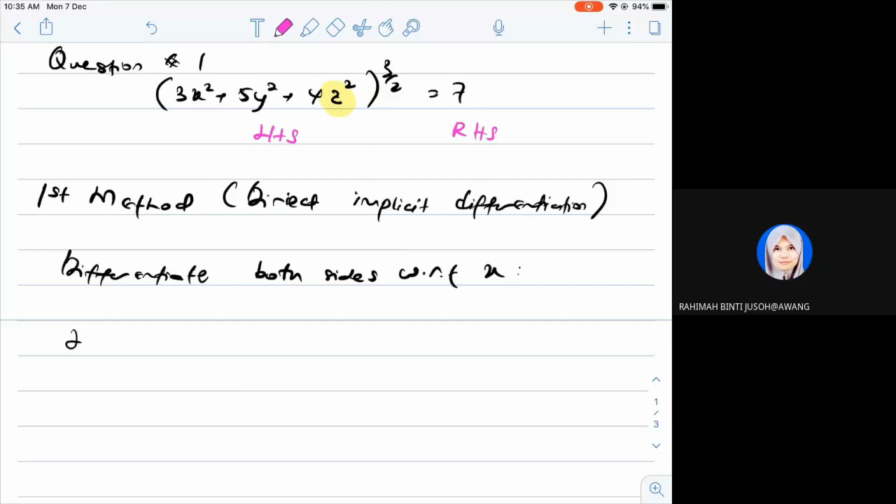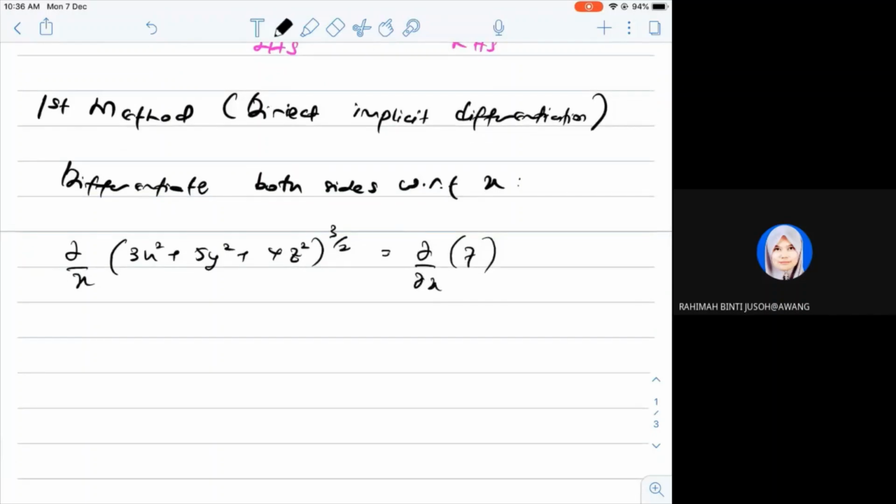On the left hand side, we have del over del x of this function, 3x squared plus 5y squared plus 4z squared, to the power of 3 over 2, equals del over del x of 7. Because we differentiate both sides, the right hand side is the same: differentiate 7 with respect to x. This is the original direct method. Later I will show you the method using a formula. So let us focus here first.